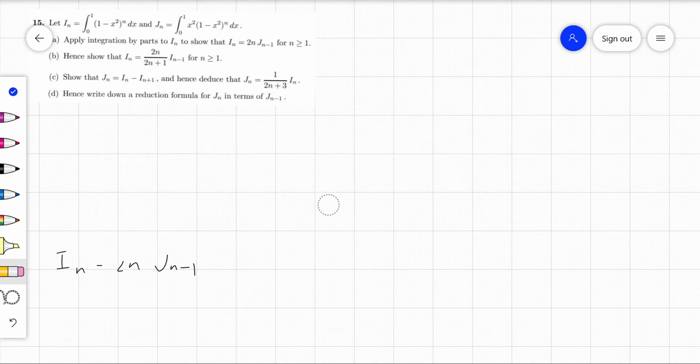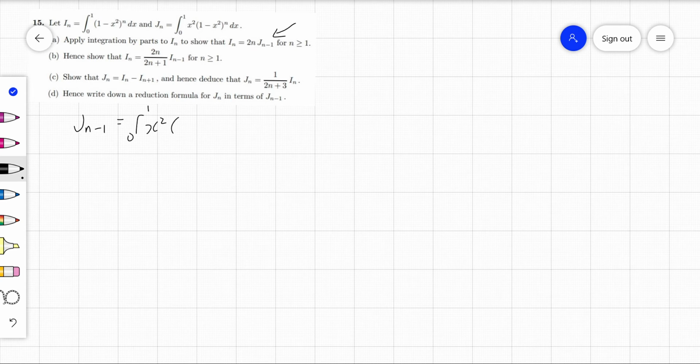Okay, so for the next part, we have to hence show that. If I just have a look at Jn minus 1, I want to see if I can get everything in terms of In using this one.